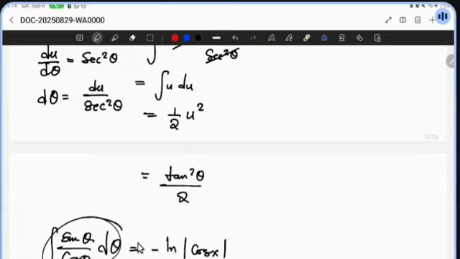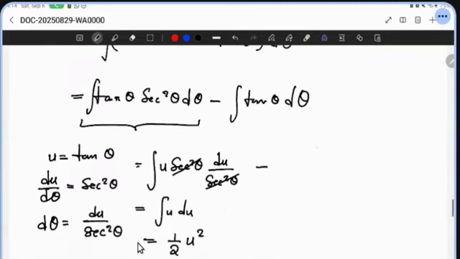So altogether, our expression reduces to minus that integral, which reduced to negative ln of cos.